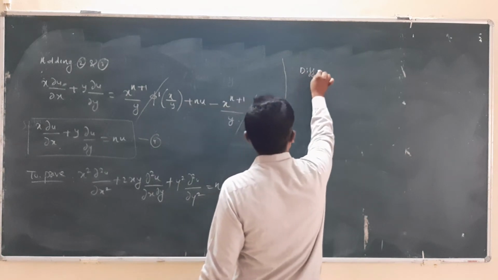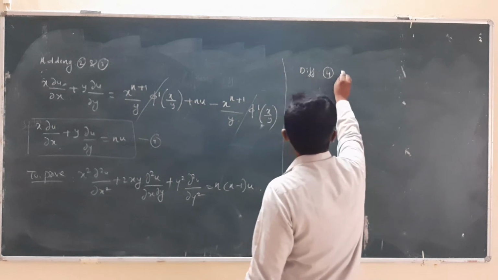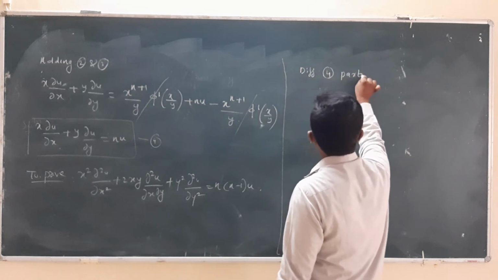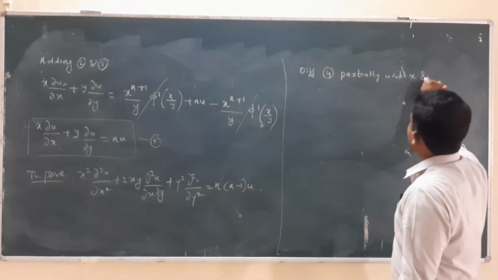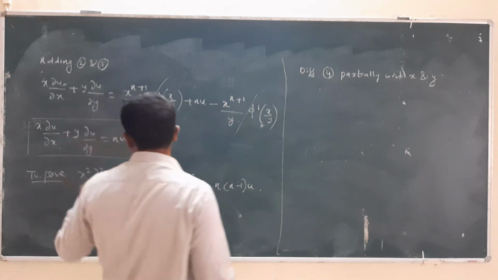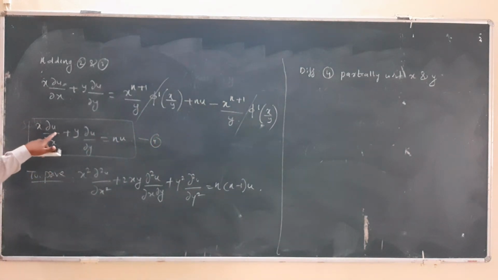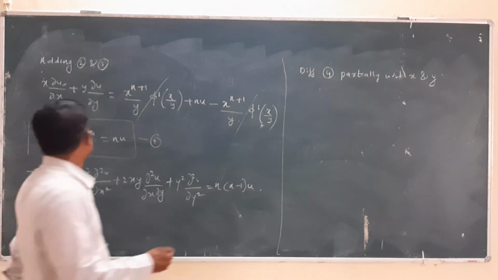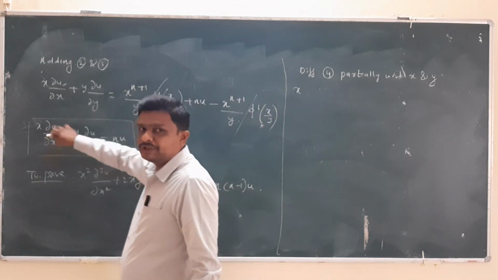So first I will differentiate partially with respect to x. Here we are having x ∂u/∂x term, so here I will apply the product formula. I will write x as it is, derivative of ∂u/∂x with respect to x.